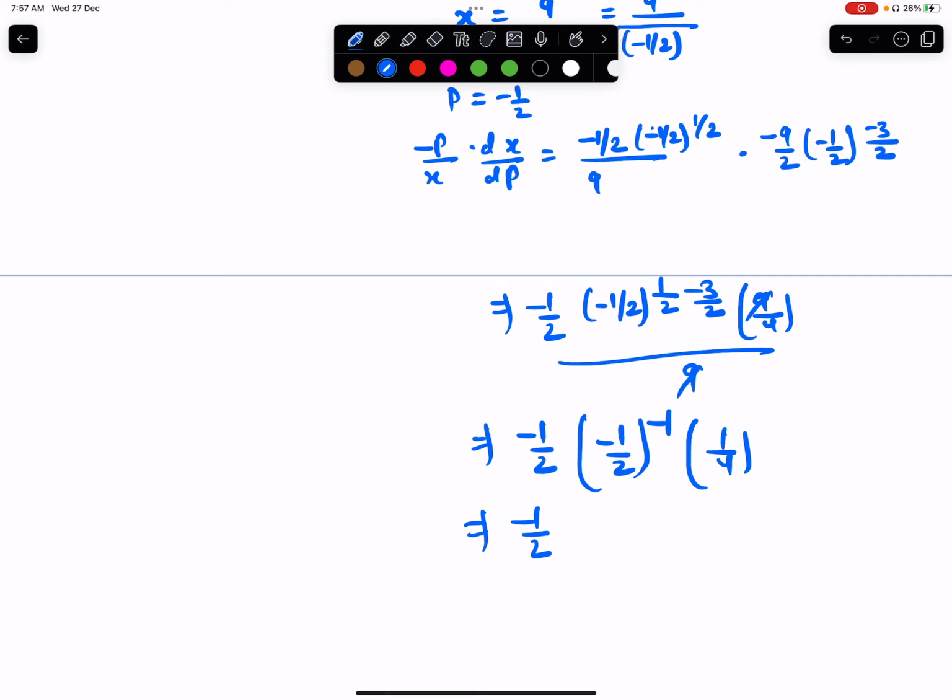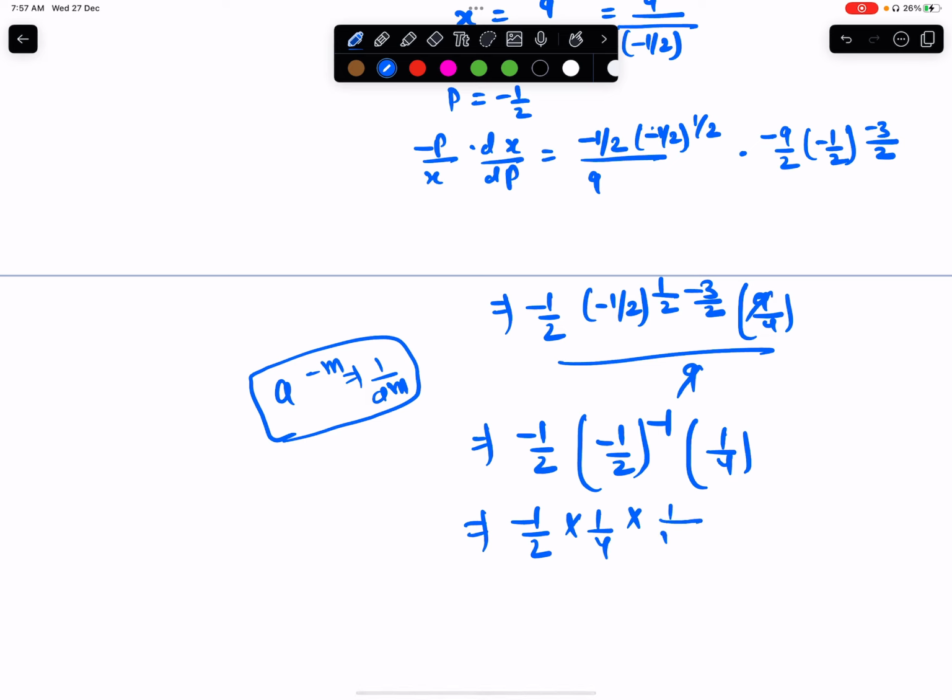A raised to the power minus m is equal to 1 by a raised to the power m. As we know, this is the property. So this will become 1 by 1 by 2, so this becomes 2. Sorry, this becomes minus of 2. The 2s cancel out. We will get plus 1 by 4.